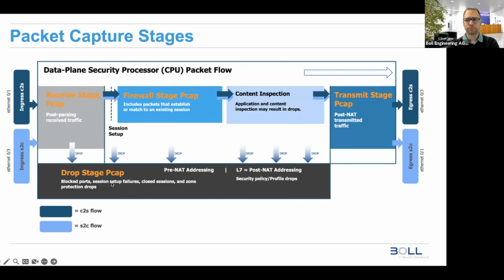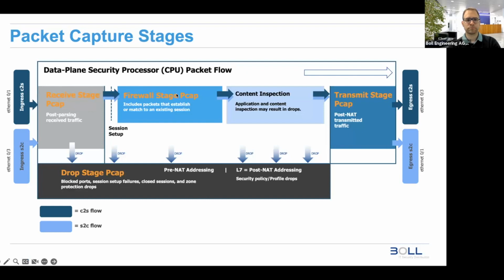What does this mean? It's like having a big room with 4 different cameras. We have one camera which shows which people come inside into the room. So this is the receive stage. If a packet arrives at the firewall, no matter on which interface, and that's the specific thing, it will be captured by the receive stage.